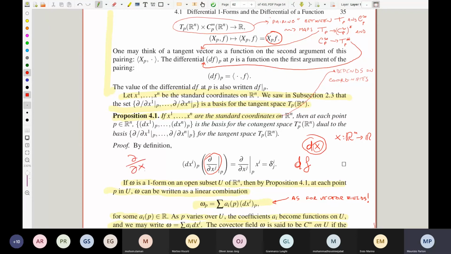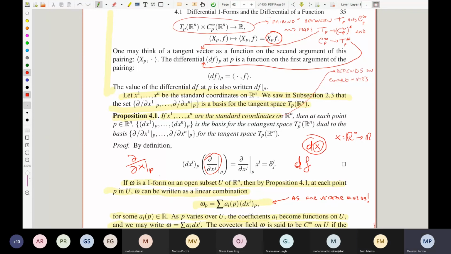D in the x is the operation, in an abstract way, that takes a function and gives you the derivative of that function at a point. So, in other words, D in the x is a tangent vector.